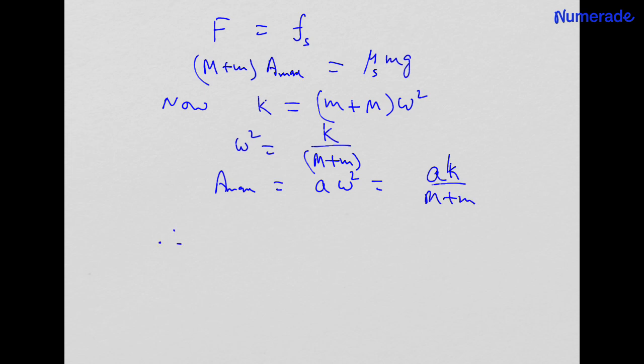So finally, using this equation, we get M plus m multiplied by a max, that is A k divided by M plus m, should be equal to mu s times mg. So cancelling this M plus m.